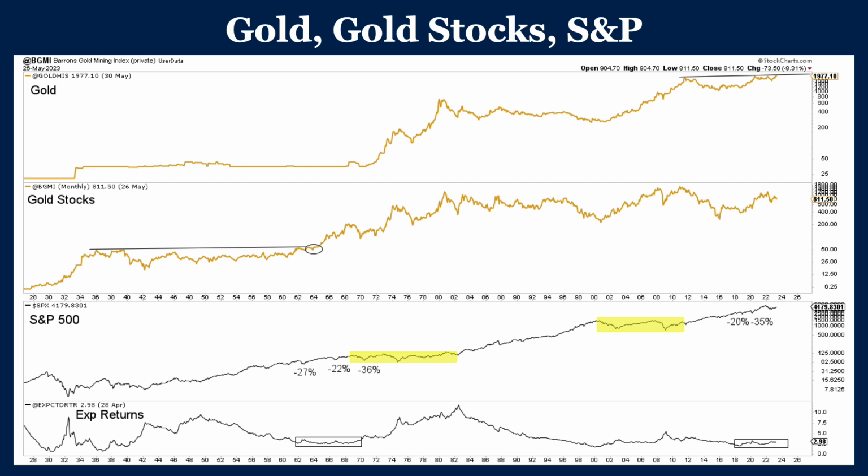So as far as the big picture macro, it also points to the mid to late 1960s. So for all these reasons, it looks to me like 1964 in the mid 1960s, that is the best historical comparison for where gold is right now.